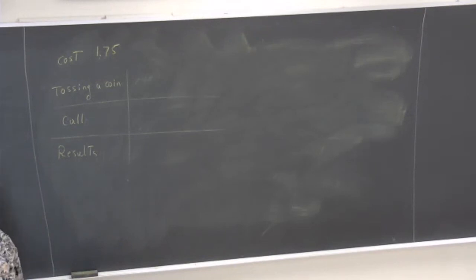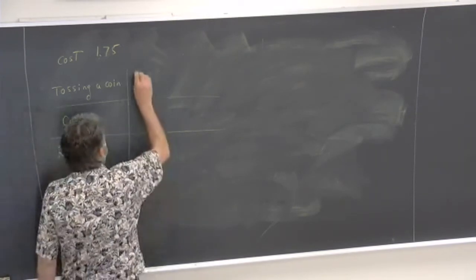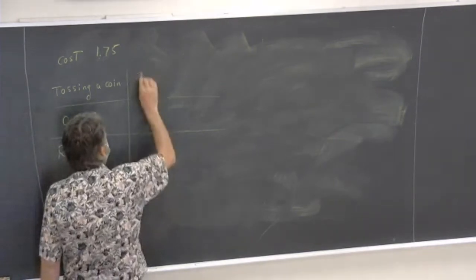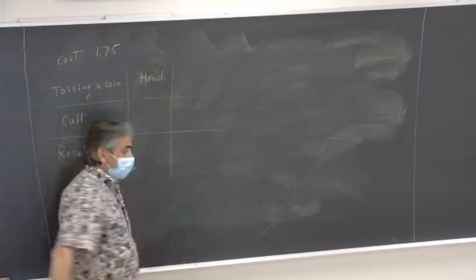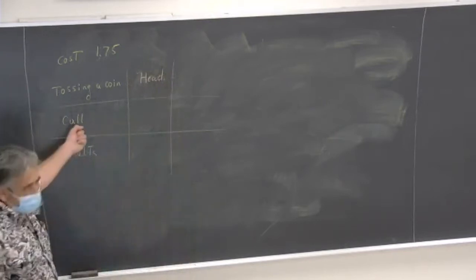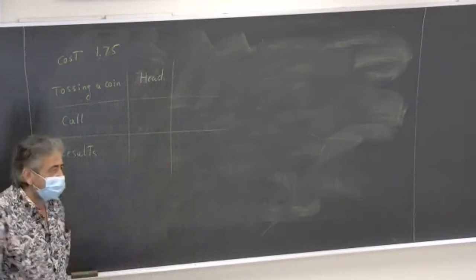Yeah? Let's take the scenarios one at a time. So when you toss a coin, you get a head, let's say. The person who's calling before you toss could have called a head, yes?